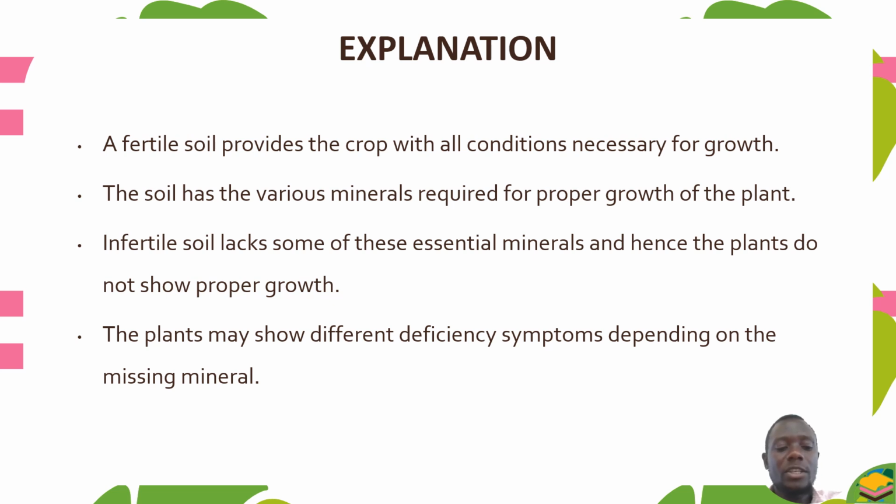So let's look at the explanation now. Fertile soil provides the crop with all conditions necessary for growth. The soil has the various minerals required for proper growth of the plants. Infertile soil lacks some of the essential minerals, and plants do not show proper growth.